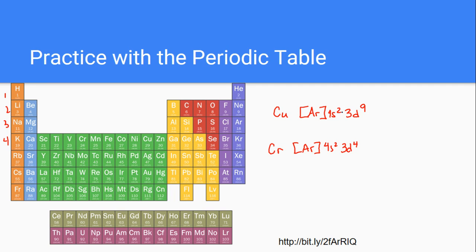But what it does is it robs 1 from the 4s, changing that to a 1 and this to a 10. It promotes an electron, hence the electron promotion thing. You get it? So it promotes 1 from the 4s up to the 3d. This one does the same thing. It turns this into 4s1 and 3d5. It promotes 1 up.